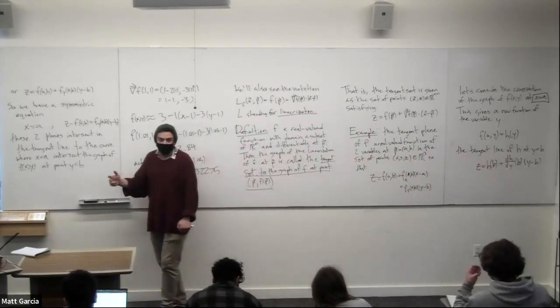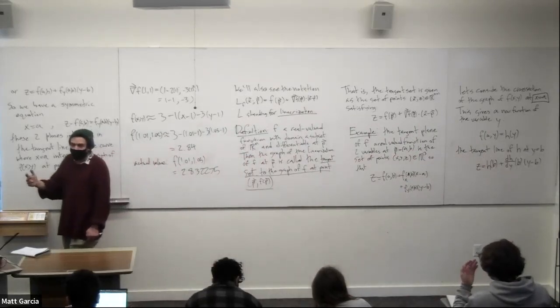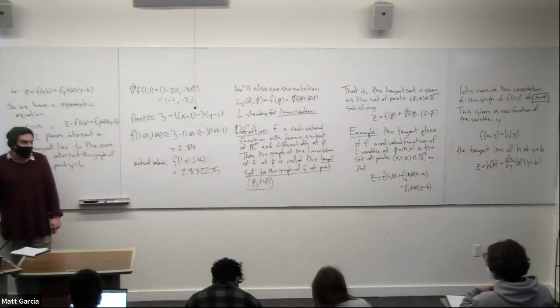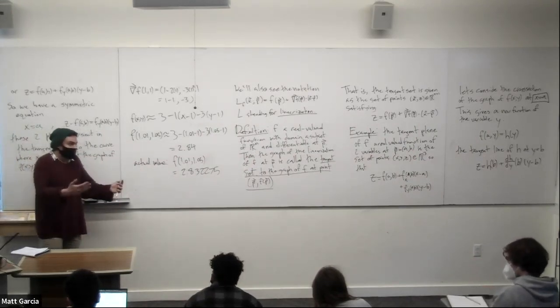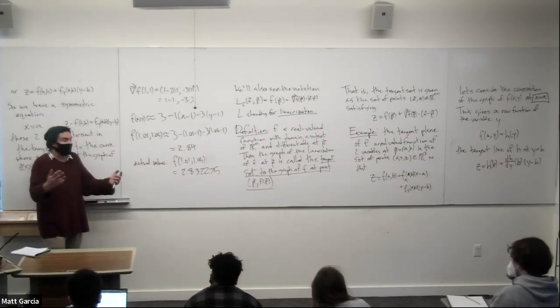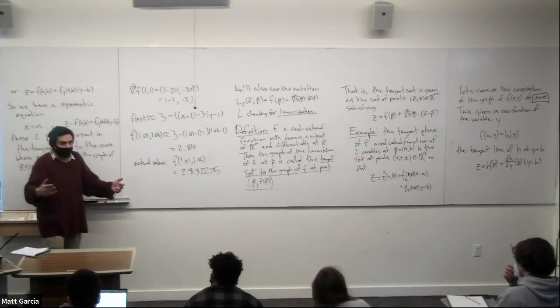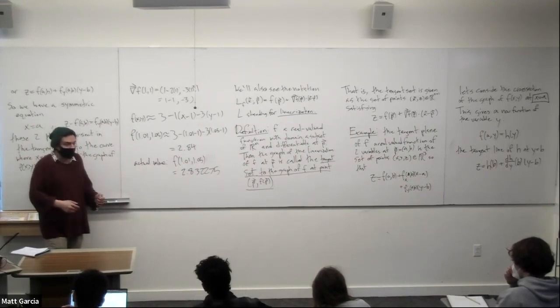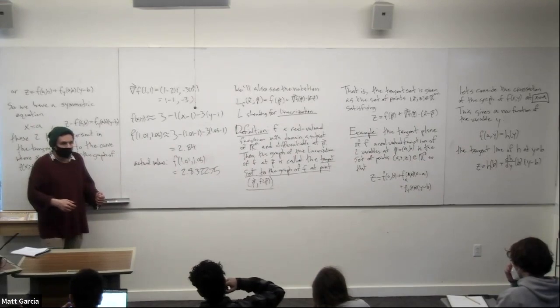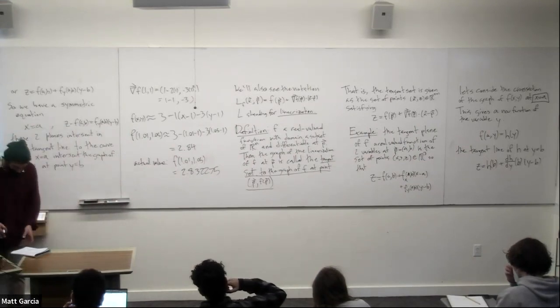A two-dimensional tangent set is a tangent plane. Sometimes you'll hear a three-dimensional tangent set called a tangent space. But after that, you just have to say tangent set of dimension 4, tangent set of dimension 5. There are no specific words for higher than 3 dimensions.